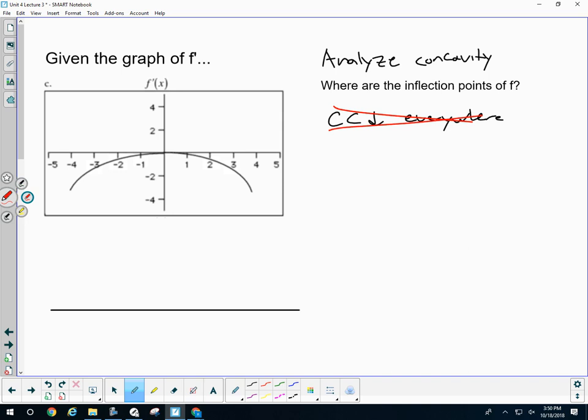Just like we did for finding maxes and mins off of a graph of f prime, we need to turn this two-dimensional f prime graph into a one-dimensional sign of f double prime graph.